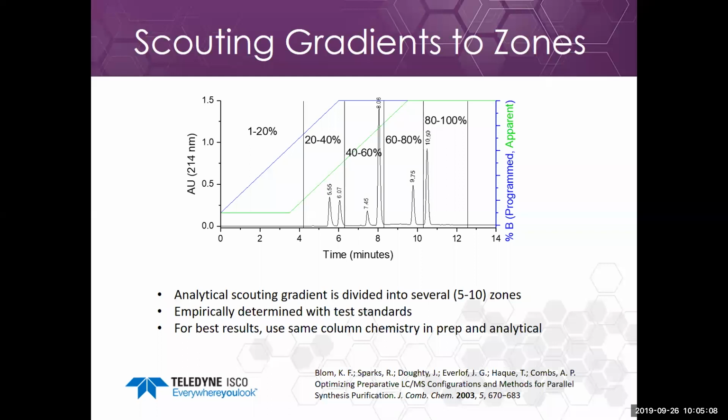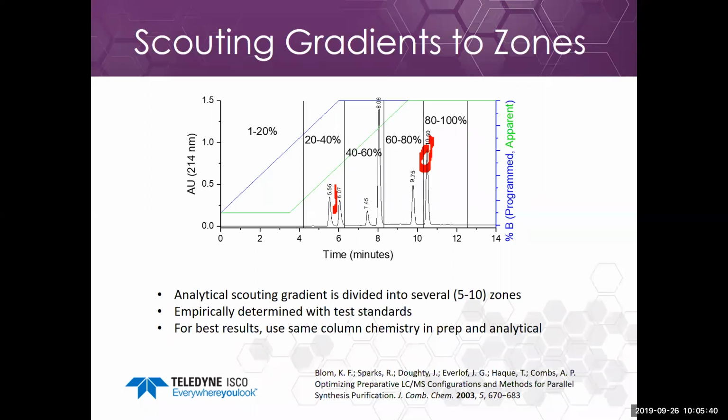And the question is you have to set up these different zones ahead of time. So over here, we have a peak that comes out at about 6 minutes, and that's going to come out towards the end of the zone. Over here, we have a peak that comes out at about 10 minutes. And if you apply the zone to that, it's going to come out a bit early. It's not optimized for any particular compound.